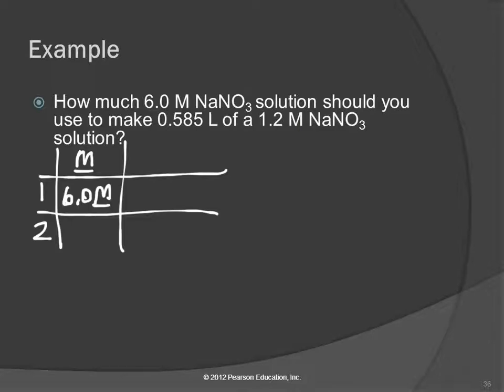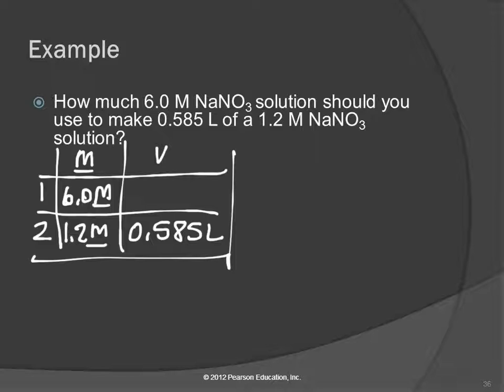I don't care if you call it 1 or 2, that doesn't matter, but they both need to be the same. So we've got 0.585 liters, and the concentration that goes with that is 1.2 molar. This is our volume column. So what are we looking for? Volume, V1.